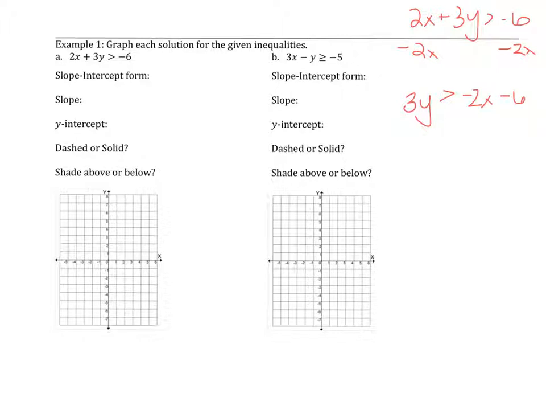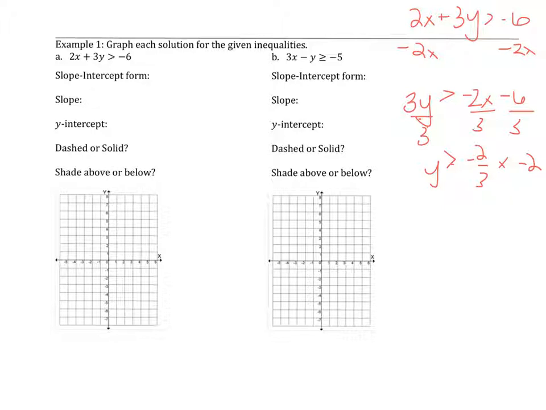Then all we have to do is get rid of the 3 attached to the y, so that y will be by itself. To undo that 3, I'm going to divide everything by 3. And then the last step is to simplify. We are not dividing by a negative, so the symbol doesn't flip. 2/3 doesn't simplify, but negative 6 over 3 simplifies to negative 2.